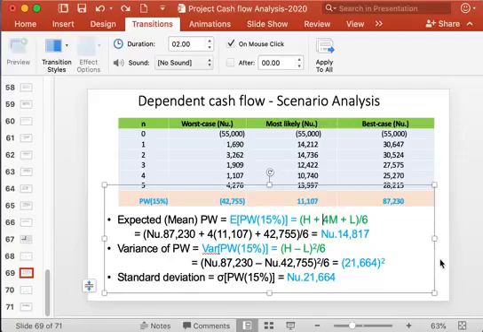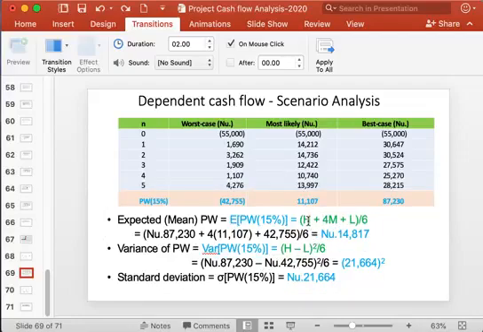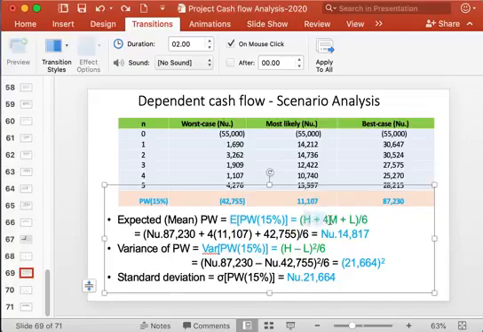So that is why we are saying that unlike in the case of sensitivity analysis, the dependencies within the cash flows in each year and across the cash flows in each year are dependent, and its effects are taken care because we are actually calculating the mean present worth or expected present worth using this function or formula.